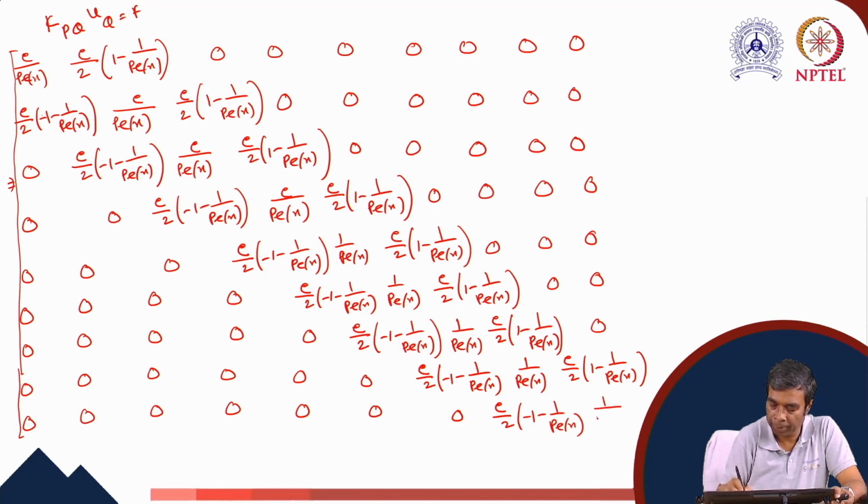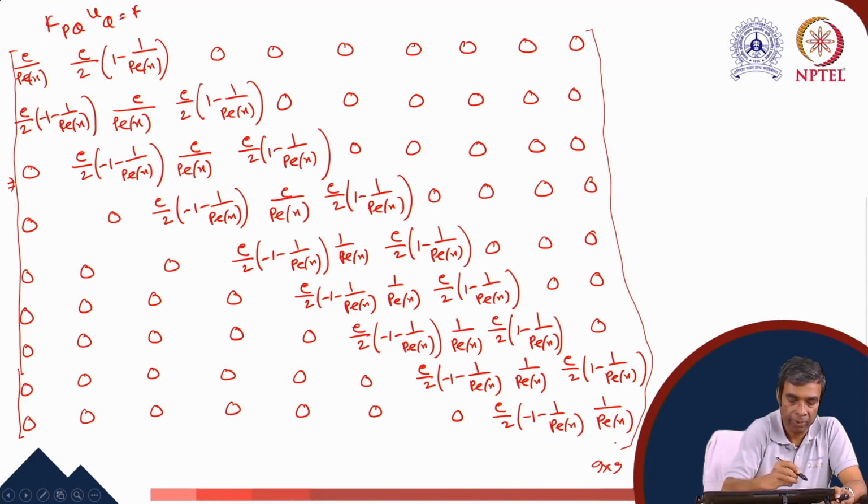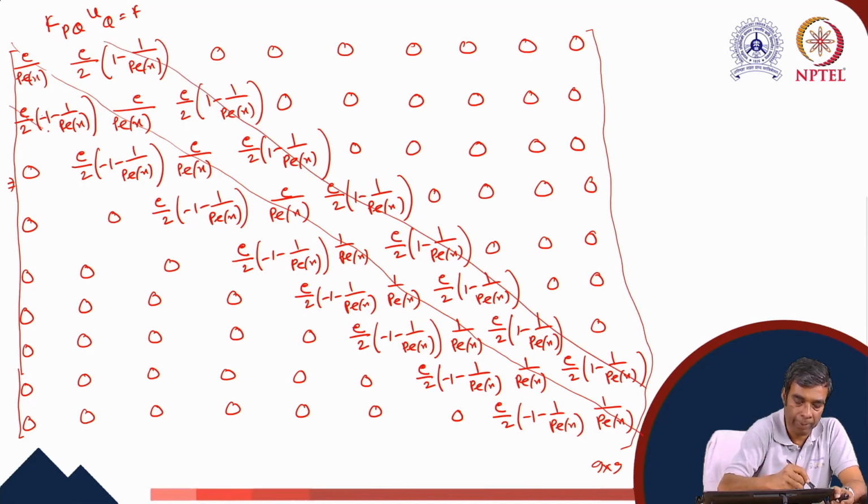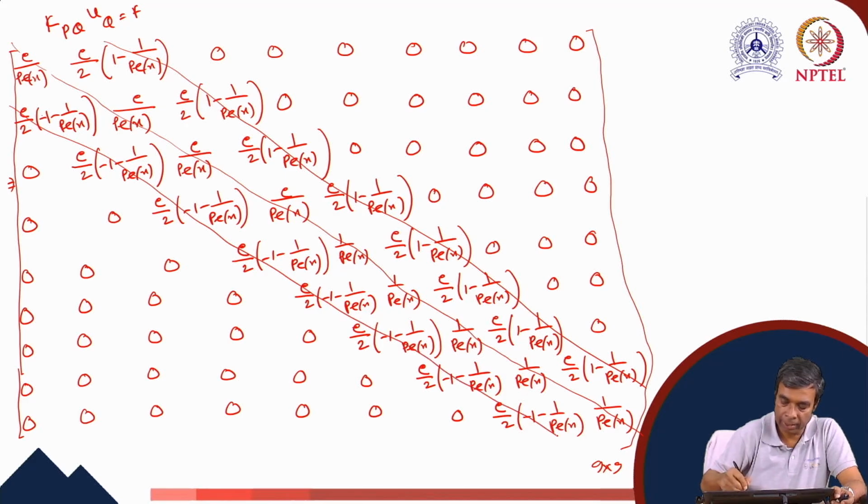So we have constructed the assembled 9 by 9 matrix equation system. Here we have the main diagonal terms. We are indicating the main diagonal. Then we have the super diagonal terms, and then finally we have the sub diagonal terms at the bottom.